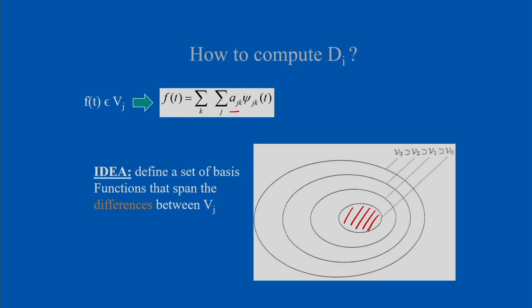So for this, if I can find the difference between V1 and V naught, and after this if I consider V naught plus that difference, then I will get V1. So the idea is to define a set of basis functions that span the difference between the Vj.